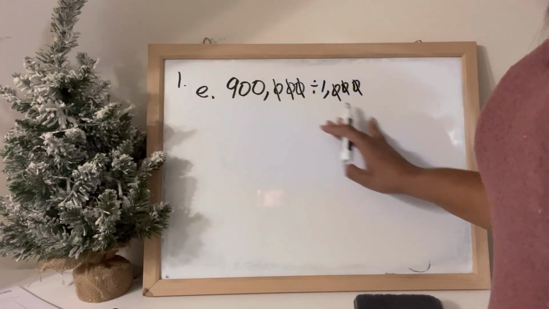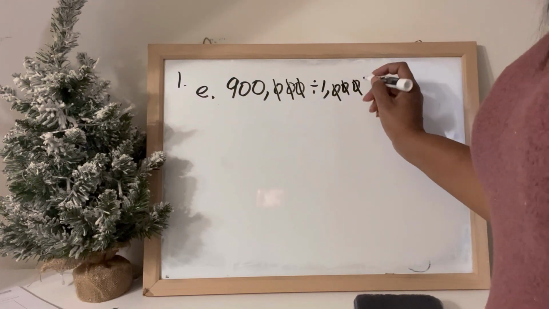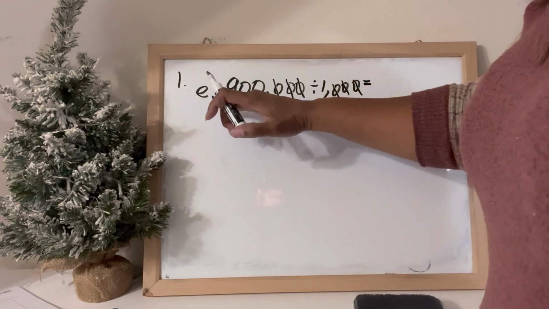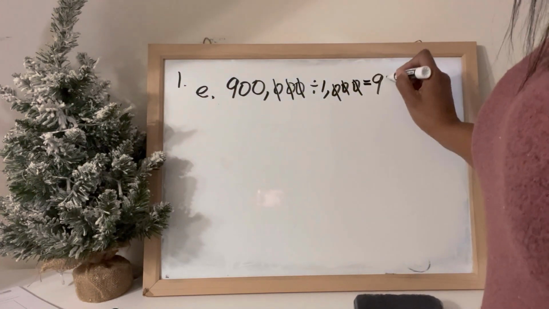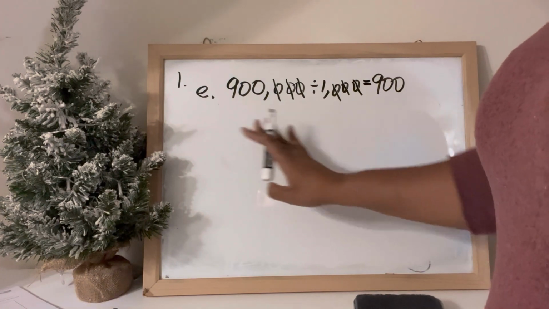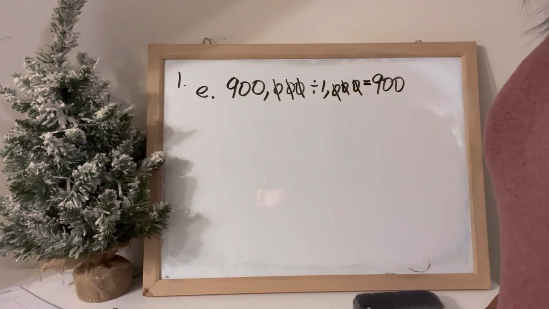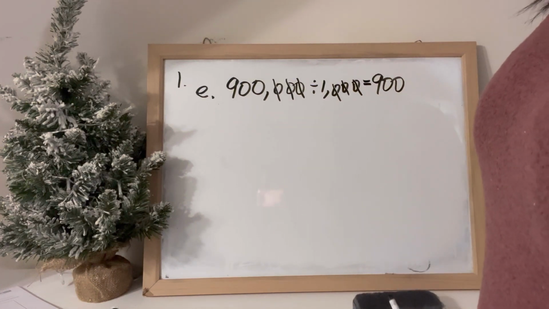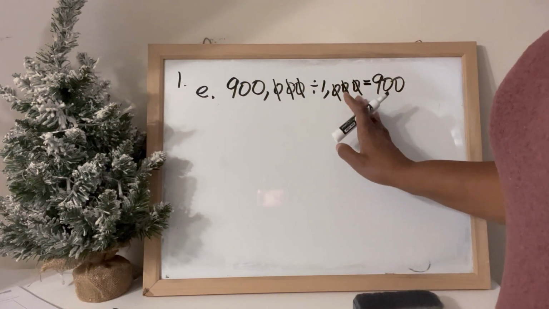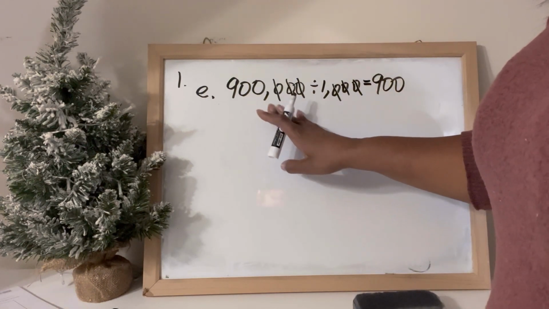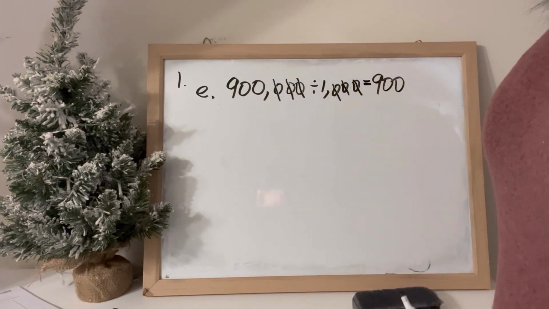And then I can arrive at the answer by just simply canceling out the zeros. And the numbers that are left are 900, making the quotient 900. So with the rest of those, you can use this canceling out strategy where you just count the number of zeros in the divisor, you cross out that many in the dividend and you'll arrive at the answer.